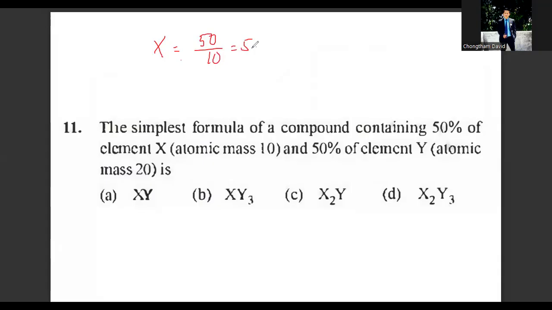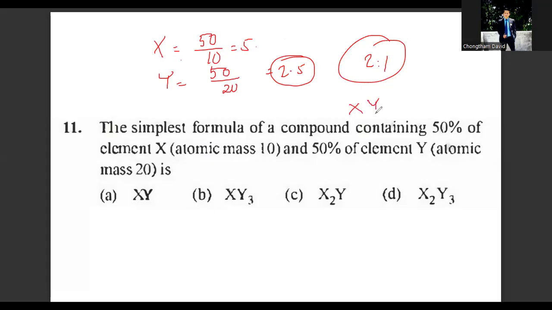So this would be the relative number of atoms of X. And for Y, you can say 50 by 20, which is 2.5. So the simple ratio would be: divide both by 5 and by 2.5. It would be in the ratio 2 is to 1. So the formula would be X2Y. C would be the answer for question 11.